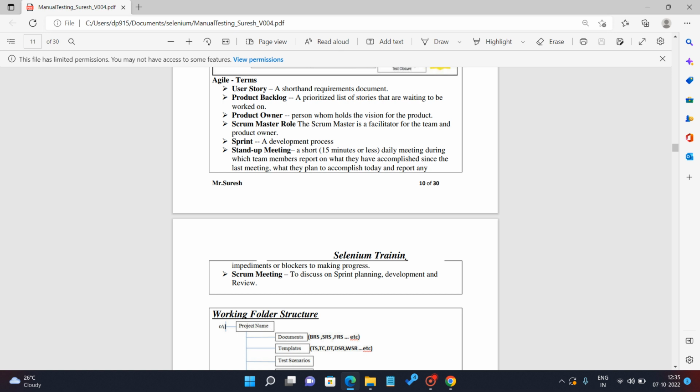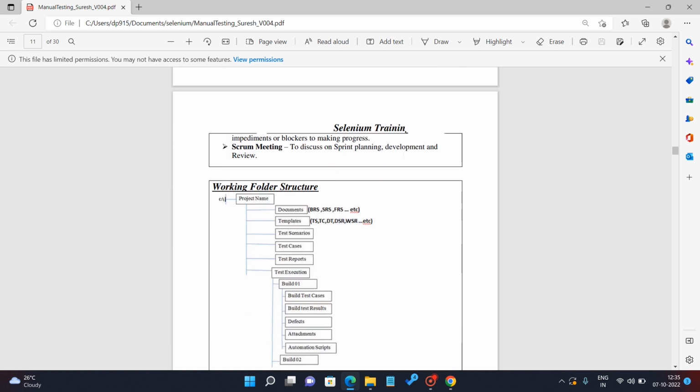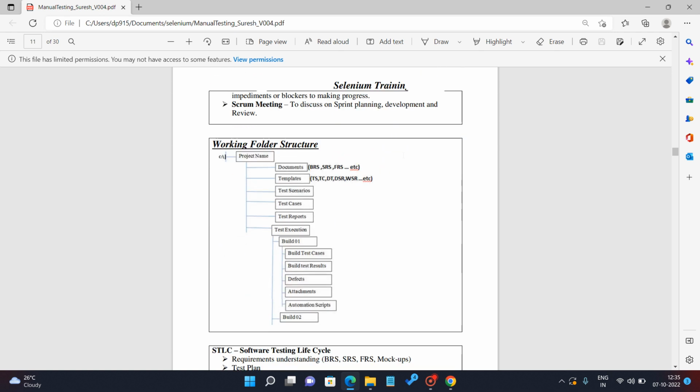Sprint: a development process. Stand-up meeting: a short meeting of 15 minutes or less, daily, during which team members report what they have accomplished since the last meeting, what is planned today, and any impediments to making progress. These meetings are conducted by the scrum master.